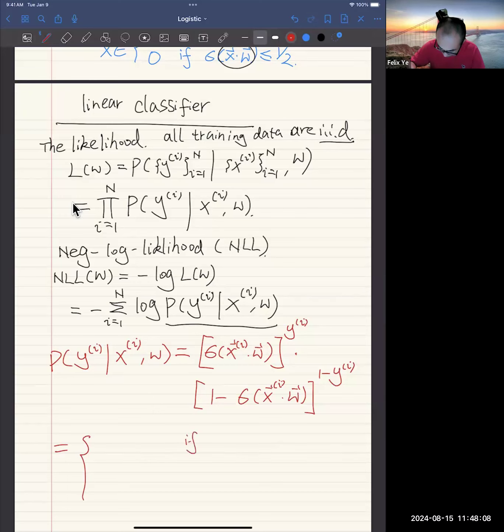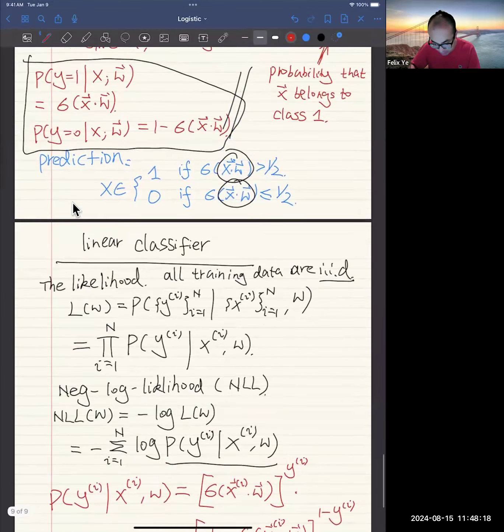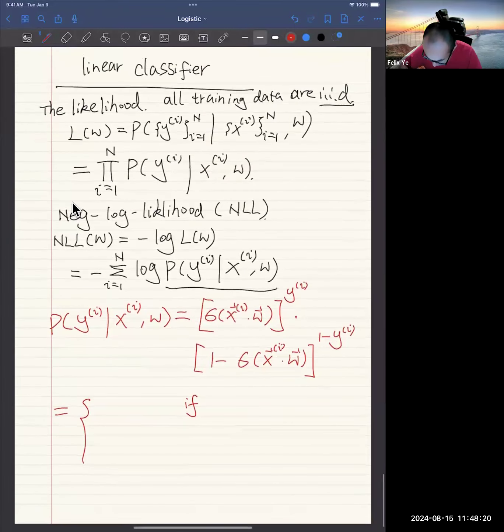If yi is equal to 1, this becomes sigma, this becomes 1, this becomes 0.